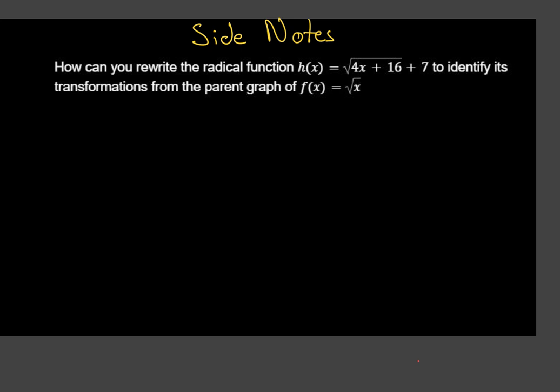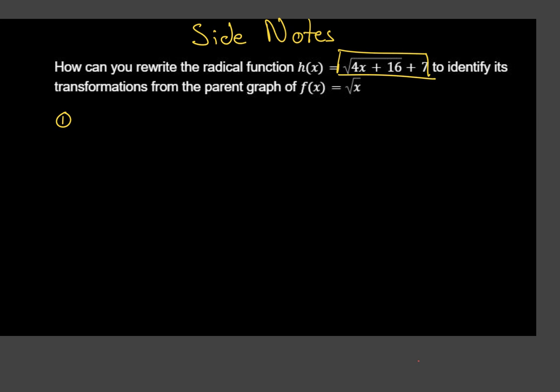Now I do have some side notes with this. Side note number 1 is, first of all, you can describe the transformations for this function as is. However, a lot of times it can be difficult for the order since we don't do a lot of horizontal dilations or stretches and compressions. So if I go ahead and try to write out the rule as is, inside affects x in the opposite way, which means order of operations happens in reverse as well.